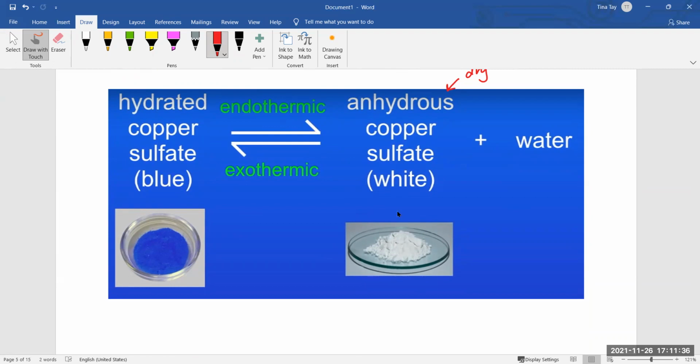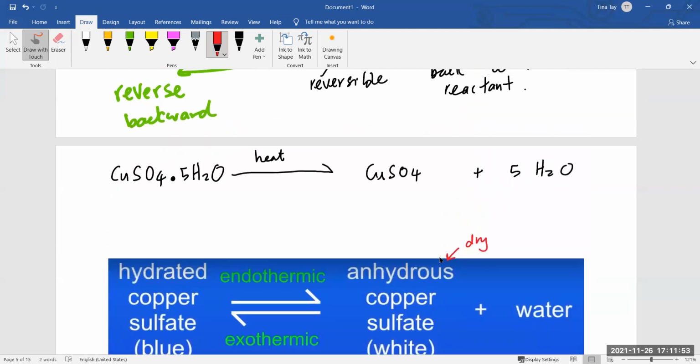If I have the white anhydrous copper sulfate, how can I change it back to the blue hydrated copper sulfate? What do I add? Water. Yes, I add water. All I need to do is add water and then it will change back.